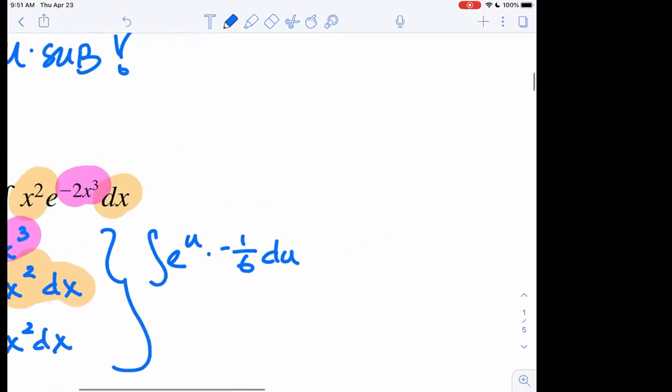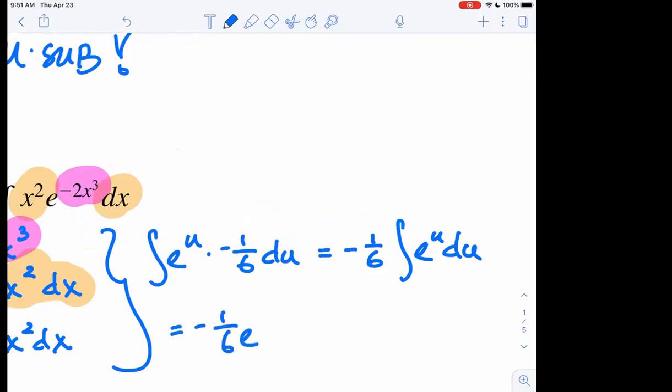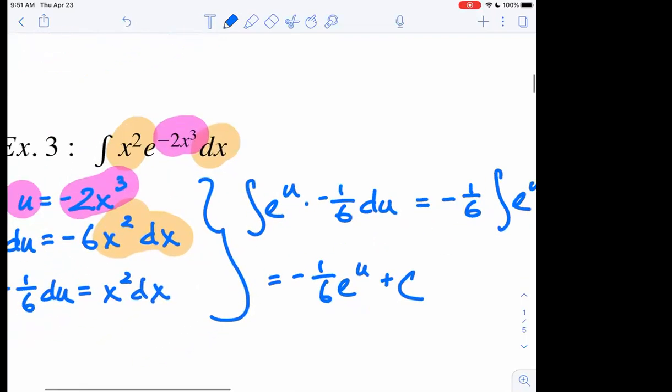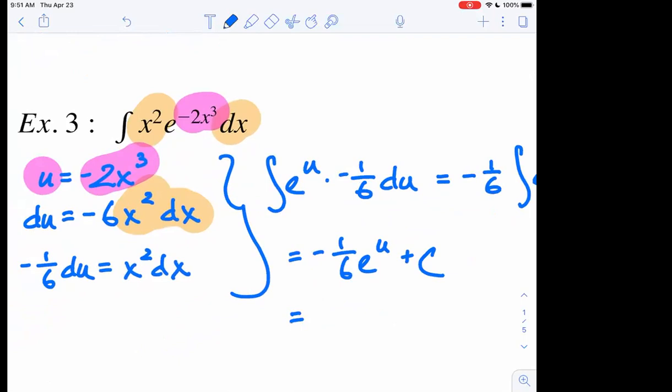And when I pull out the constant, that negative 1/6, I get negative 1/6 times the integral of e to the u du. And the integral of e to the u du is just e to the u. So negative 1/6 e to the u plus c. And our last step is to put back in our x's. So negative 1/6 e to the negative 2x cubed plus c.